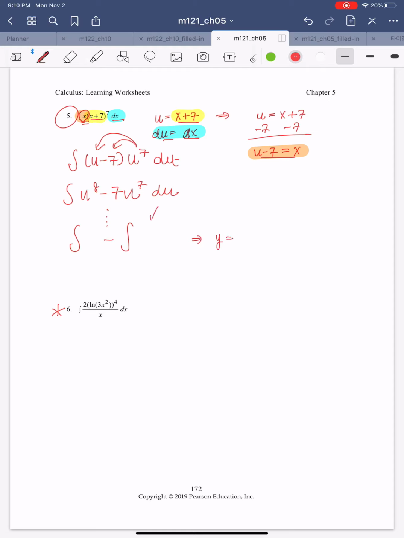At this point it's very simple and we have done similar problems. Your answer should be, after substituting back x plus 7, (x plus 7) to the 9 over 9 minus 7 times (x plus 7) to the 8 over 8 plus c. Okay, so finish the rest of it, and you can also check by doing a differentiation.